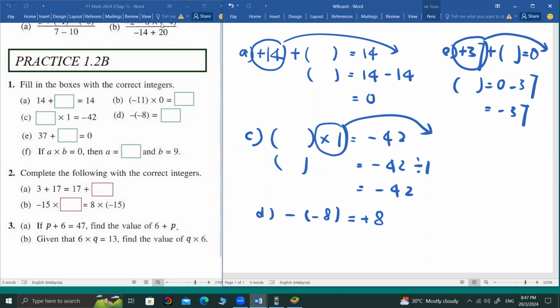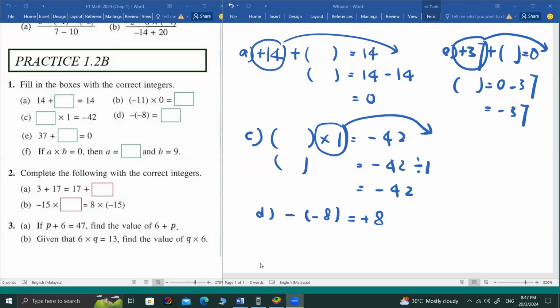If the question is given 1 mark, you can go direct. 14 plus what is 14? 0. Anything times 0 is 0. If times 1, back to itself.